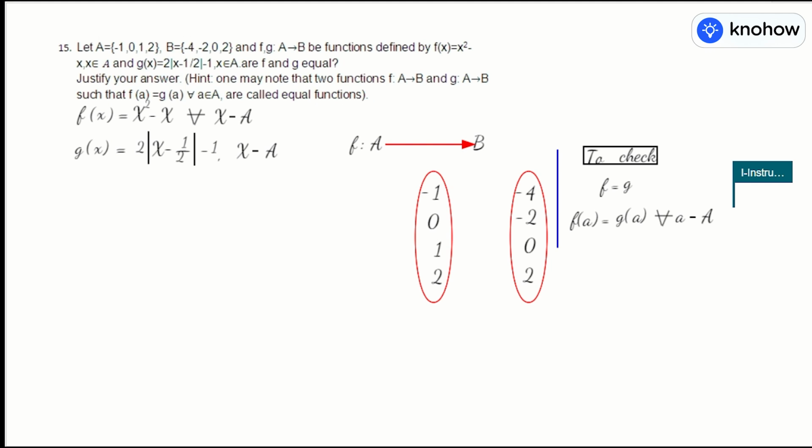Each element of set A is associated to an element under function f that is the same as that under g.